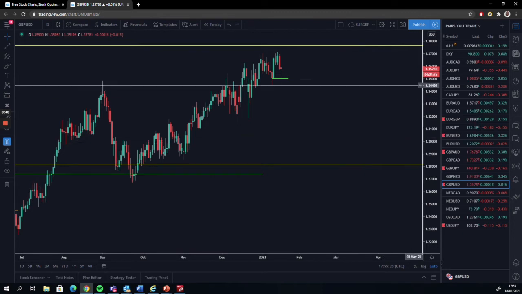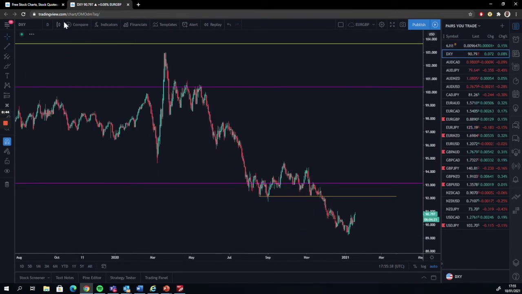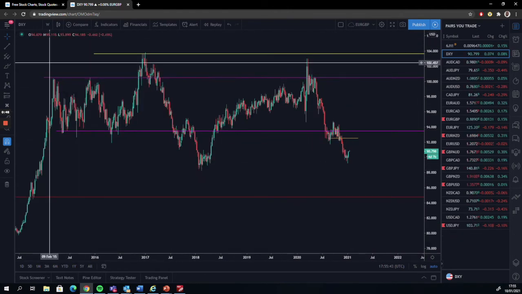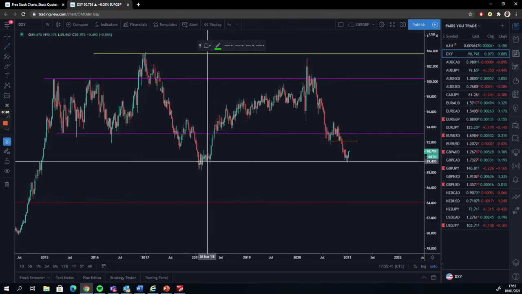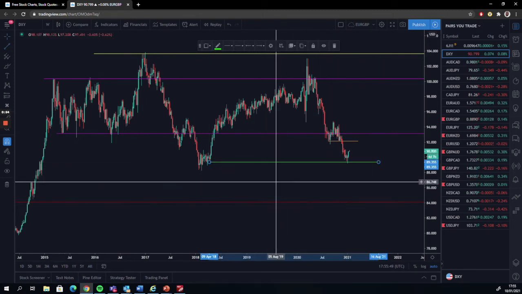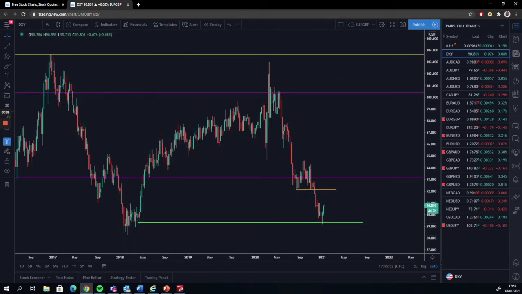If we start off with the dollar, as we always do, we look on the daily, and we always look left, so we go on to the weekly. Okay, so we have this selling climax here. The market was resistance, support once, and then twice.